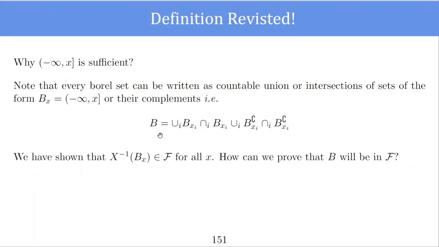Okay, and this, combined with the argument that every Borel set can be written in this form, completes the proof, right? So every Borel set can be written in this form, and then you can show that this form belongs to the sigma algebra if all Bx belong to the sigma algebra. So this means just proving that Bx belongs to the sigma algebra is sufficient. If you can prove this, then automatically every Borel set will be in the sigma algebra.